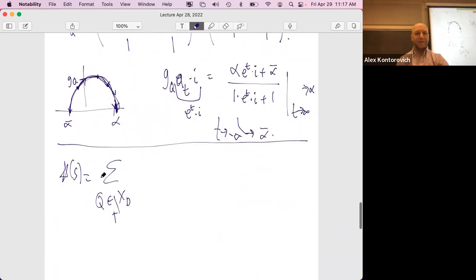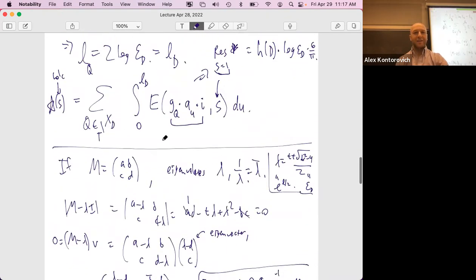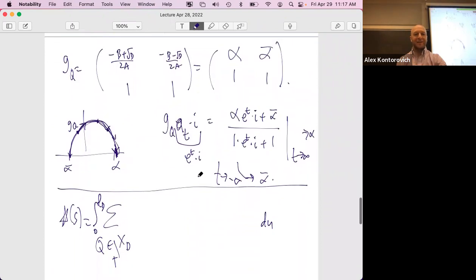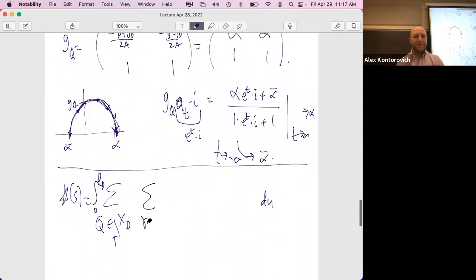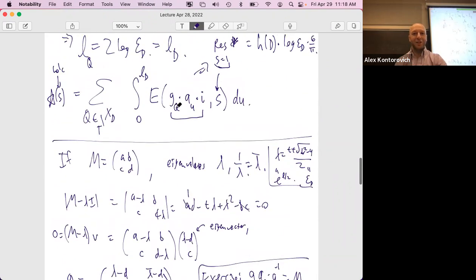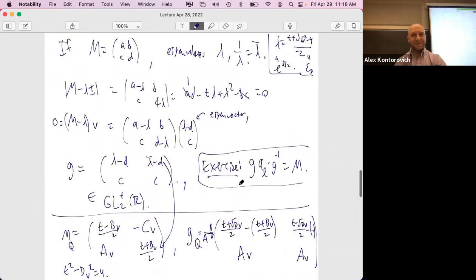So the length is out here, and what's inside is the Eisenstein series at all of these things. Let's remember what the Eisenstein series is. It's a sum over gamma in gamma mod gamma infinity of the imaginary part of gamma z to the s, where z is GQ a u I.